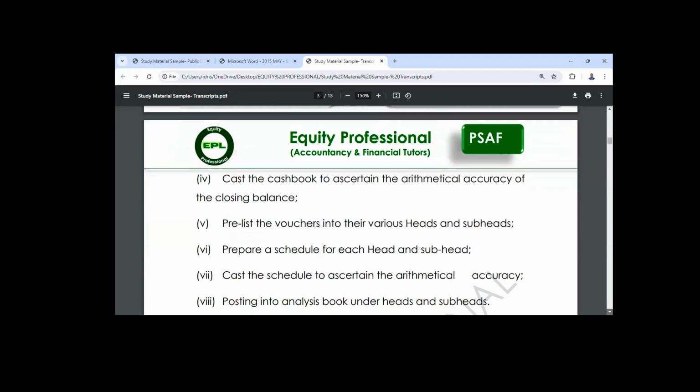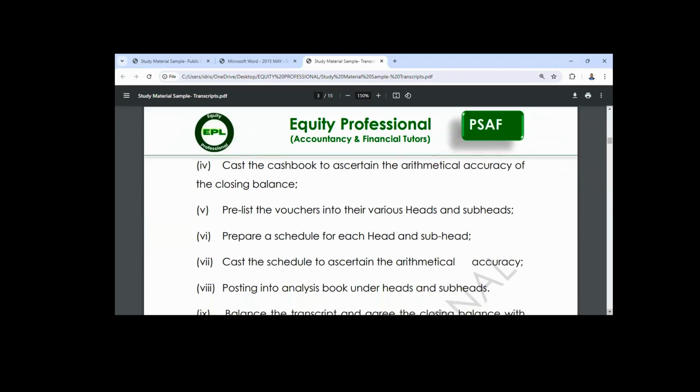Number six step is to prepare a schedule for each of the heads. Assuming one head is relating to traveling and transport, you prepare a schedule for it. You look at the sub-heads under traveling and transport.